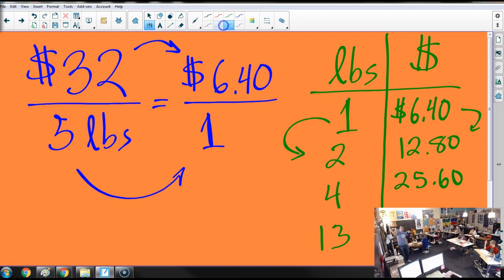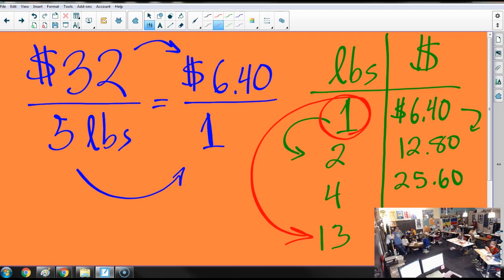Hey, give me your eyes. The reason we care about the unit rate is we can jump from the unit rate to any other amount we want by just multiplying by that amount.